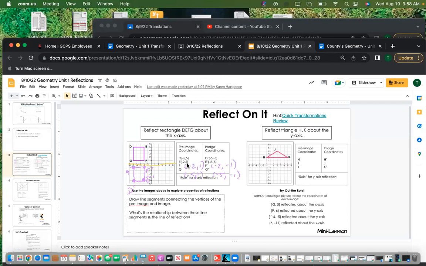So looking at this, look at what happens to our y value each time we change the sign of it, right? So the rule for this one is you're going to keep x and you're going to change the sign of y. Okay, so putting that negative in front, it's going to change the sign of that y.